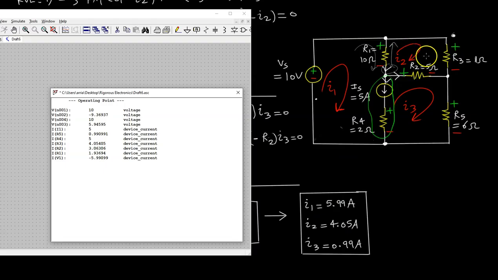So the mesh current is indeed going in this clockwise direction. For I3, that is the current going through R5, and it is 0.99 amps, which is what we have here. And I3 is also going clockwise. So the only current that we should change is the direction of I1, which is going in the opposite direction.